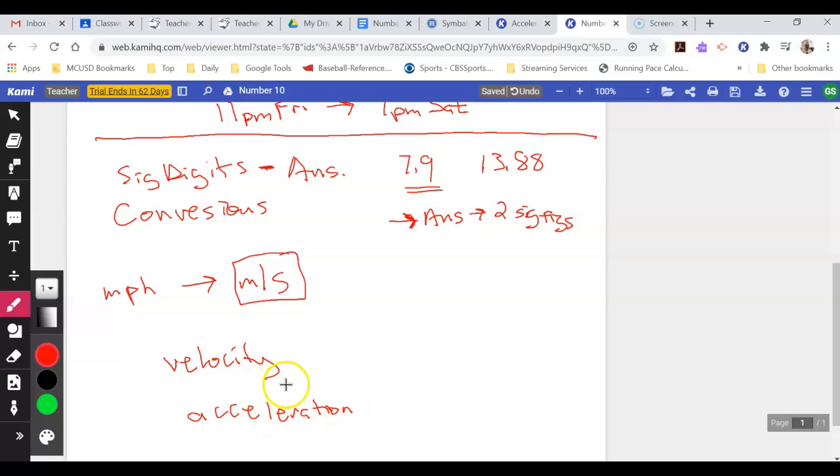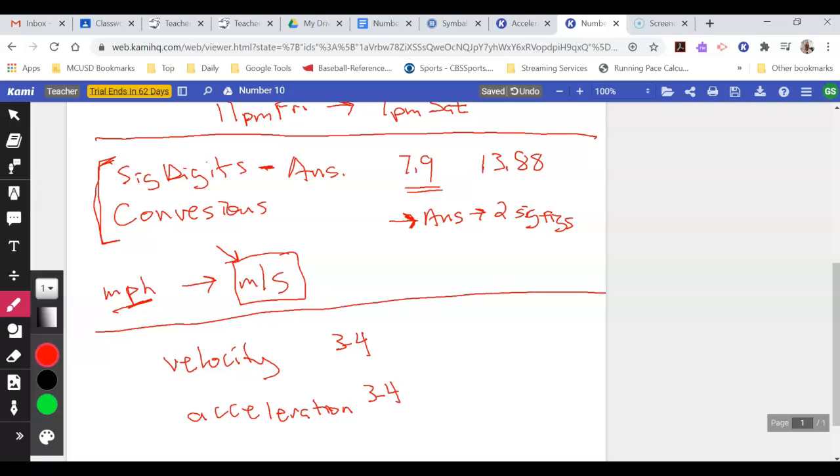But again, note these things, and if it doesn't specify, then you don't need to worry about significant digits, or if the problem's in miles per hour and there's nothing specifically saying to convert it, then you can leave your answer in miles per hour. So again, I'll probably have somewhere 3 to 4 problems for each. Then you can complete that and turn that in tomorrow.